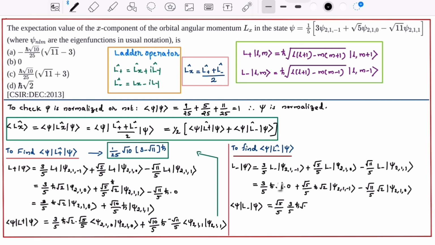So psi L minus psi is equal to root 5 by 5 times 3 by 5 h bar root 2, the inner product of psi 21 minus 1 with psi 21 minus 1, minus root 11 by 5 root 2 h bar root 5 by 5, the inner product of psi 210 with psi 210.